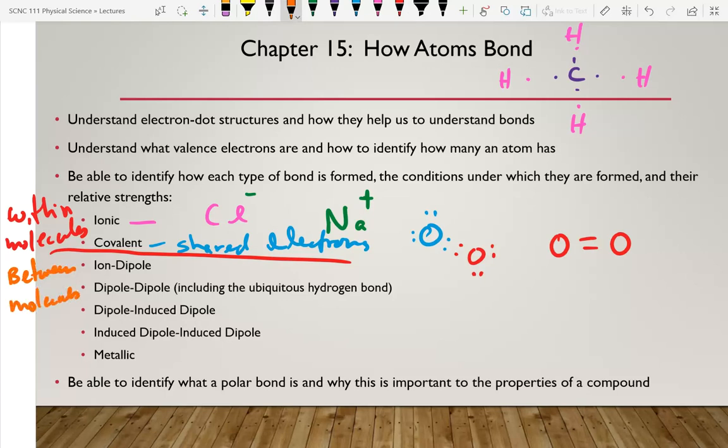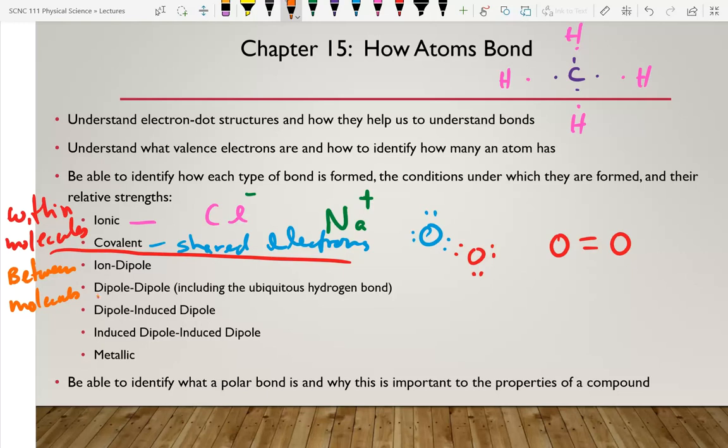So the ones below the line will hold one molecule to another, like holding water molecules to water molecules. The ones above the line are holding the molecule together, holding one water molecule together so it doesn't come apart. The ones holding molecules to molecules are weaker, but these are listed in order of strength.